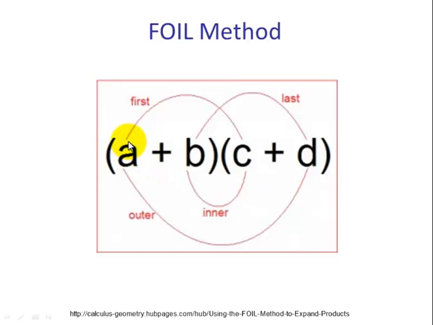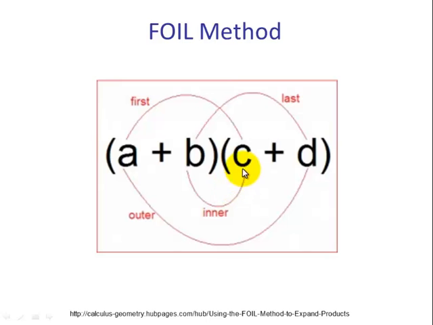So we take the first term in each, that would be the first term in this binomial and the first term in this binomial. So that's called the first. That's where the F comes from. Next would be the outer, which is a times d. That's what the O stands for, outer.